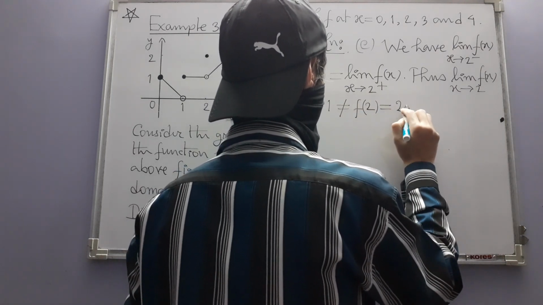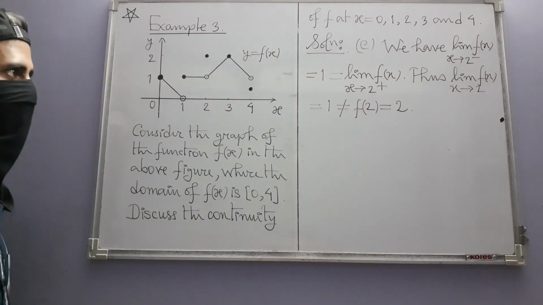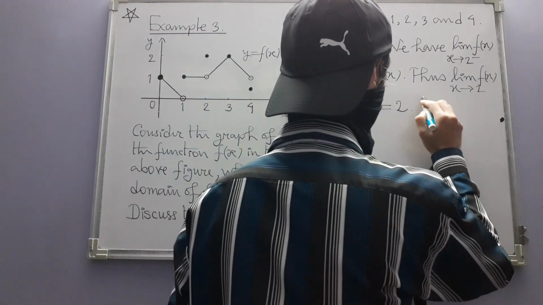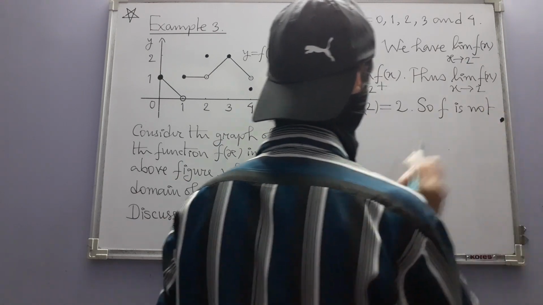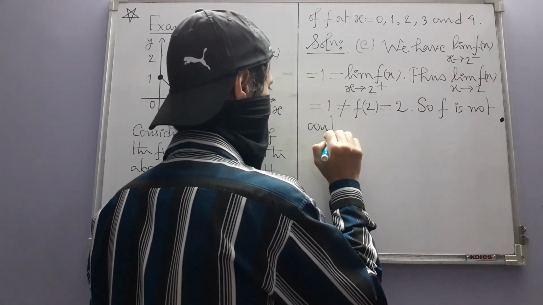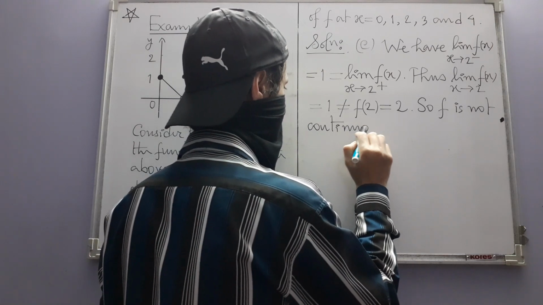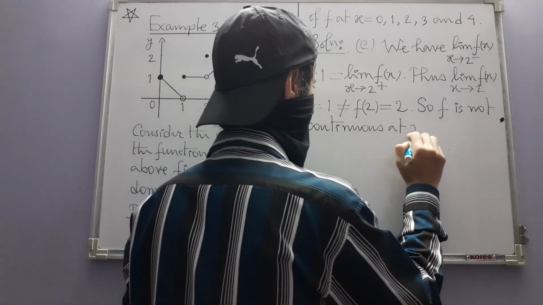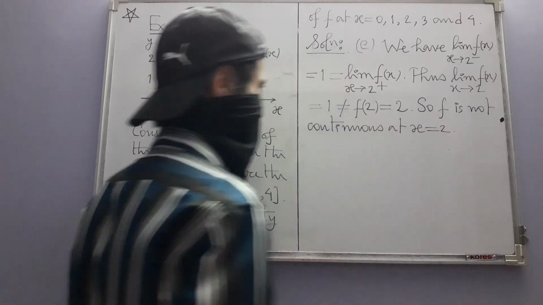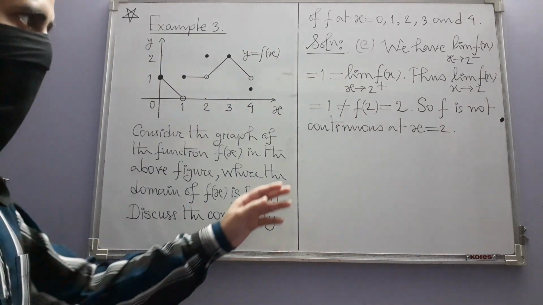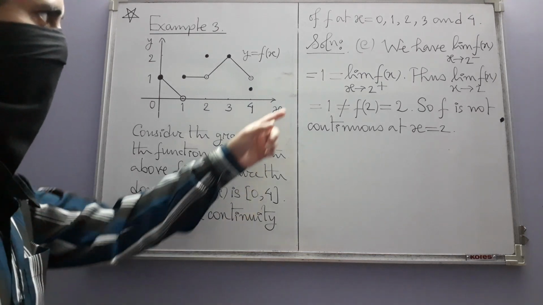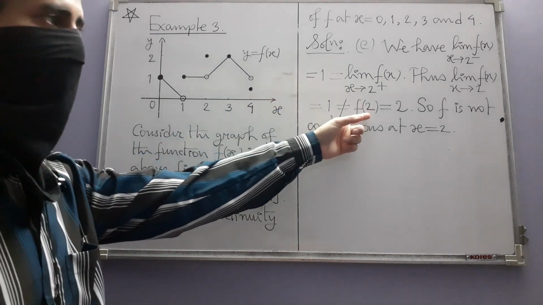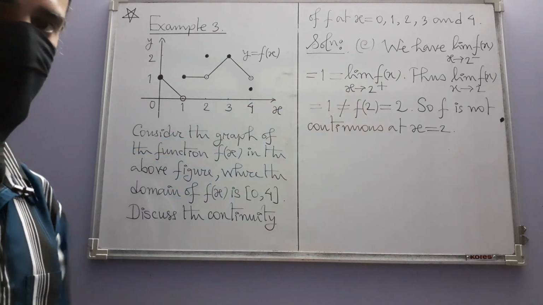F of 2 is 2. So f is not continuous at x equal to 2, and in this case f is also neither left continuous nor right continuous because none of the one-sided limits is equal to the functional value.